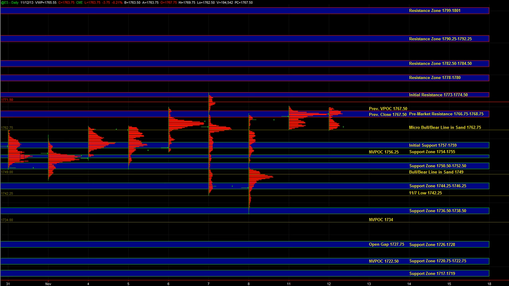Right now, overnight, sellers have had more edge, and heading into the open, at least in the short term, we are seeing a little more conviction on the sell side. But because the bigger picture is so bullish, things can balance, and we can go either way.